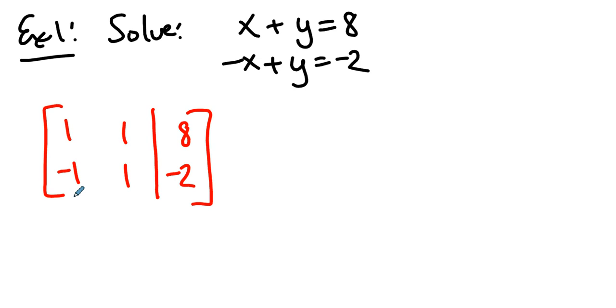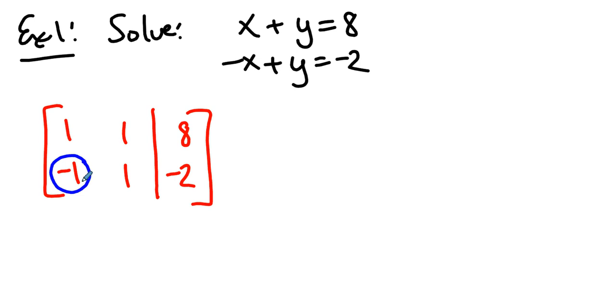Now, we already have a 1 in this spot, and that's a goal, so we'll leave that there. But we need a 0 in this spot. How do we get a 0 in that spot?